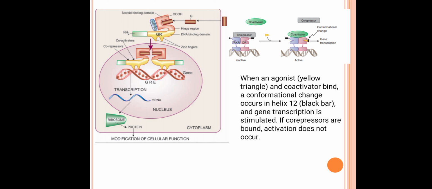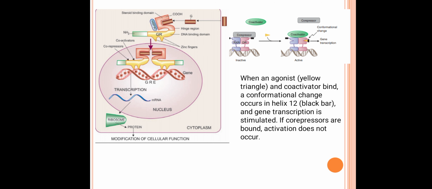Then, with the help of the zinc fingers present in the DNA binding domain, it will bind to hormone response elements in the nucleus, because of which there will be transcription. That is, DNA will be converted into mRNA, and this mRNA will go inside ribosomes and form protein. So this is the entire mechanism.